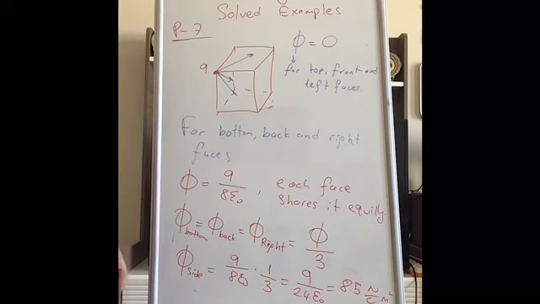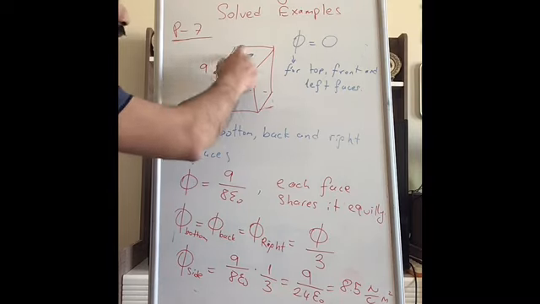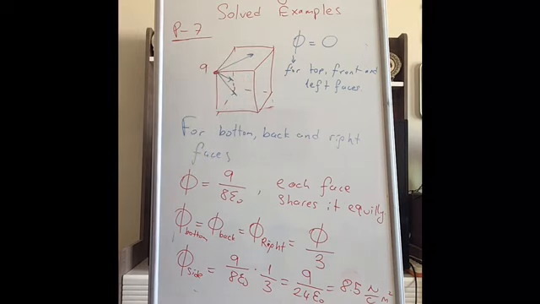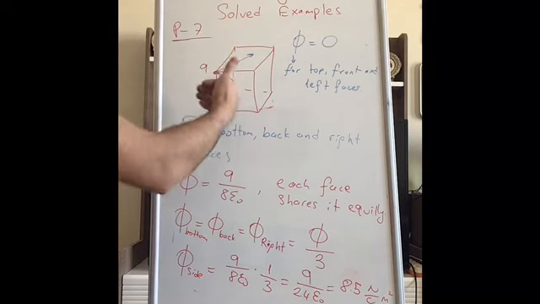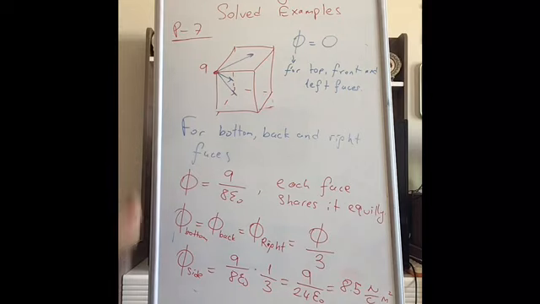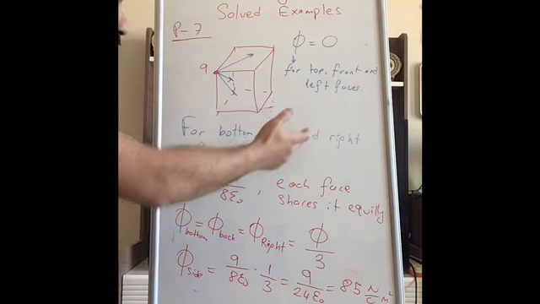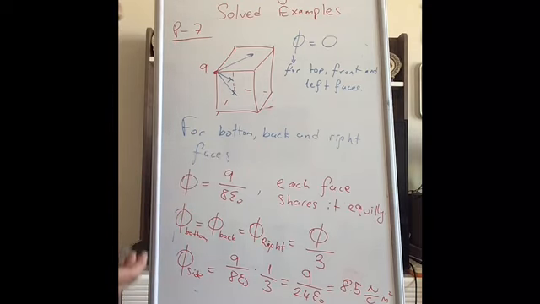Then for each side, we need to be careful, because for some faces the electric field lines are just parallel to the surfaces of this cube. In the picture we showed that the top face, front face, and left face don't have perpendicular electric field lines, so the electric flux is not going through these surfaces. For the rest of the 3 faces, bottom, back, and right, we can calculate non-zero electric fluxes, and they share the total electric flux through this surface equally.